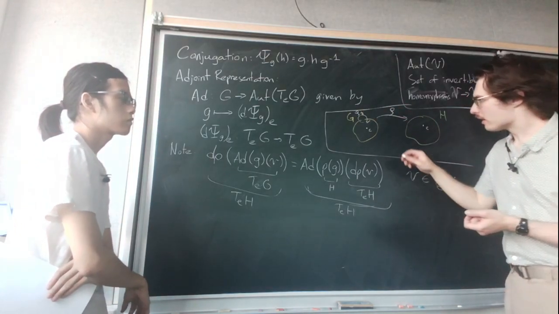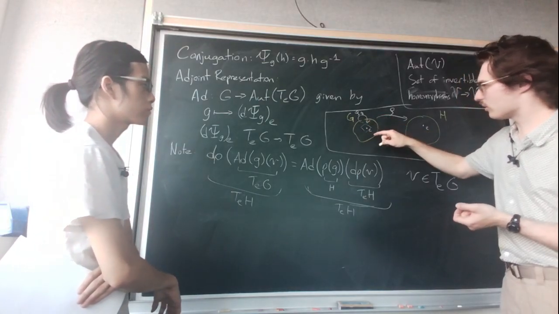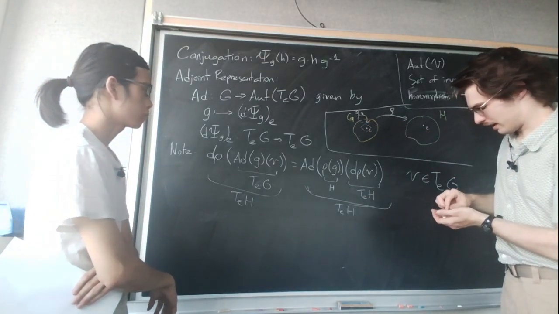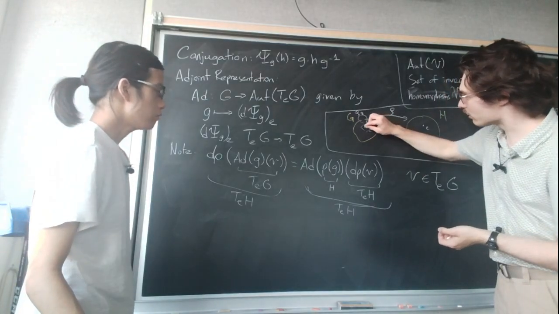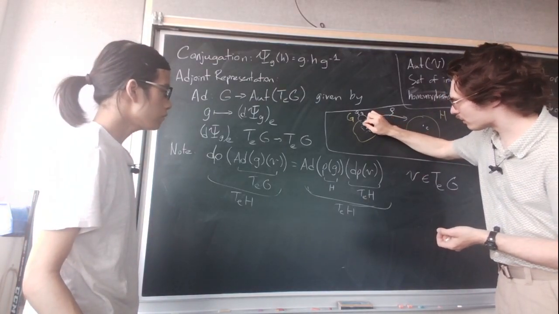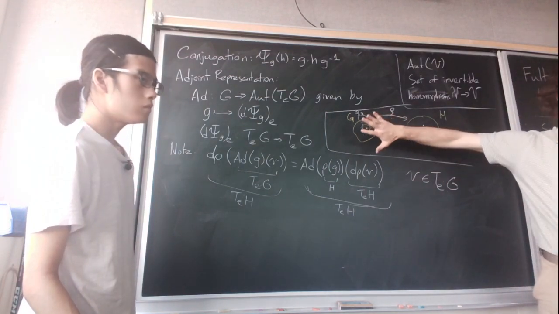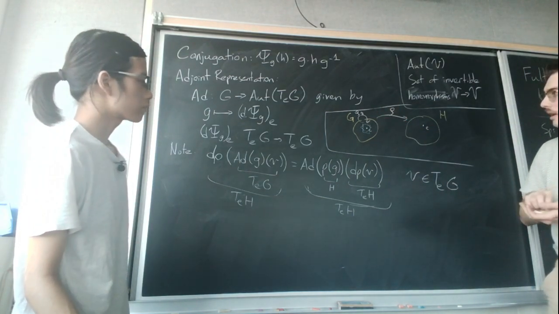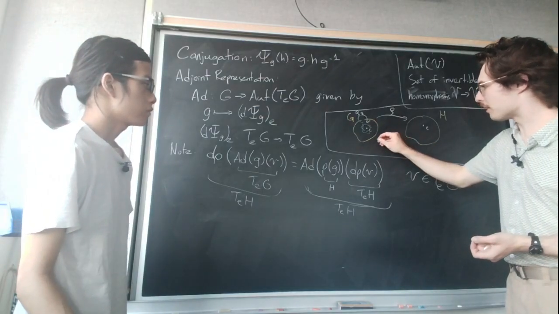Do you agree? This psi g operation takes this tangent space and does something to it. It maps this tangent space in some way back to itself. The tangent space gets mapped by what map?